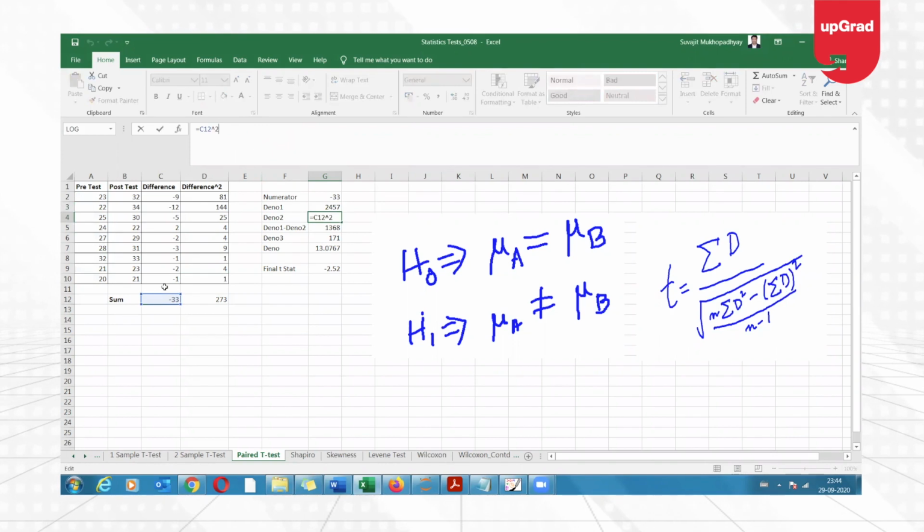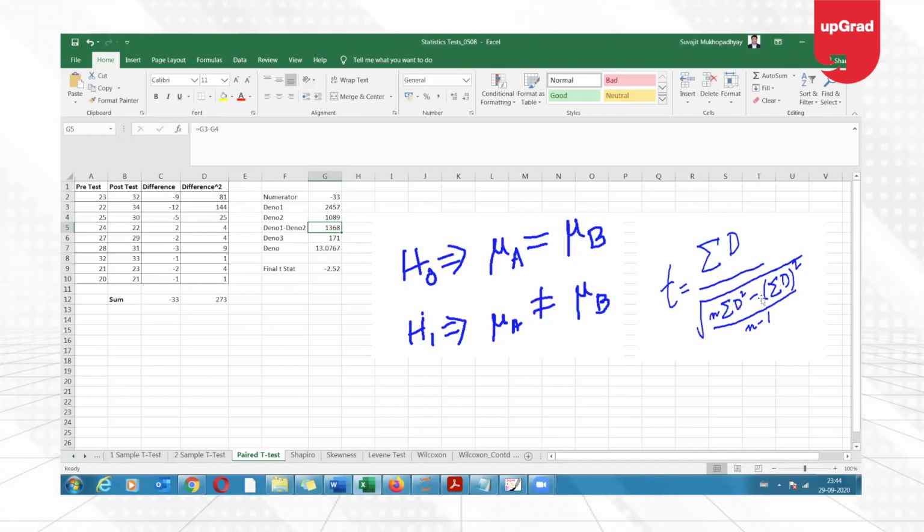So I take the summation of difference, which I've got here. Then I subtract denominator 2 from denominator 1, and I get this value.